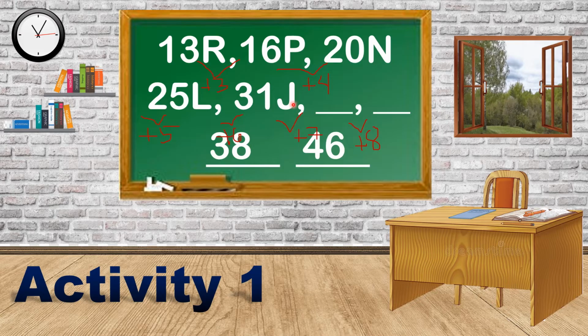Sa makatwid, dapat ang letter natin na susunod sa J ay yung mas nauuna sa kanya ng dalawang step, which is equal to H. Let's see ha. H, I, J. Yung I yung na-skip nating letter. At, dapat 2 letters ahead of H naman, F. Let's see.